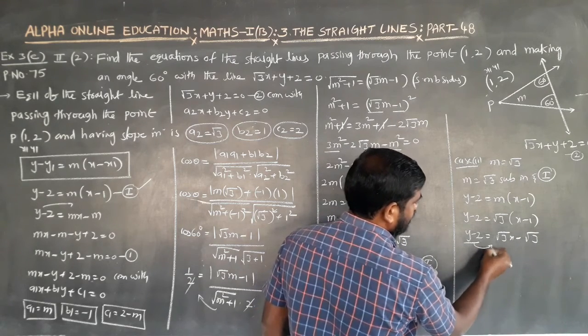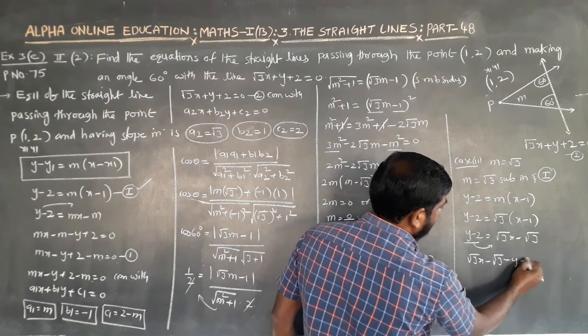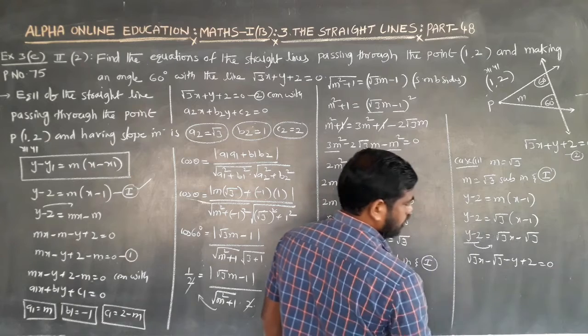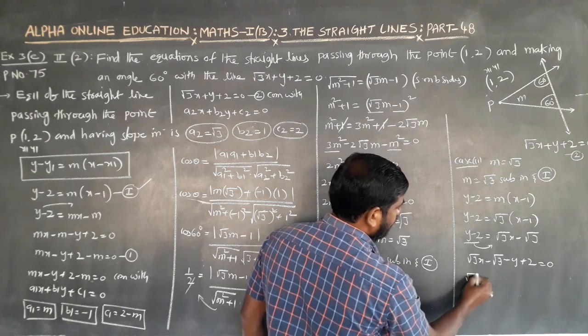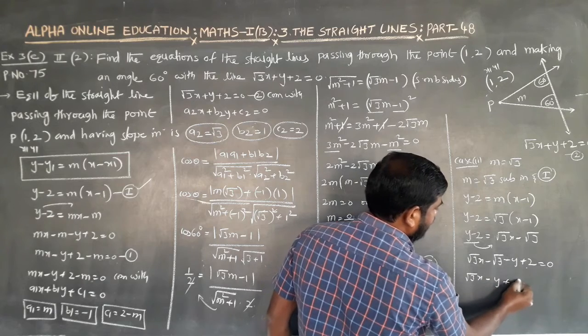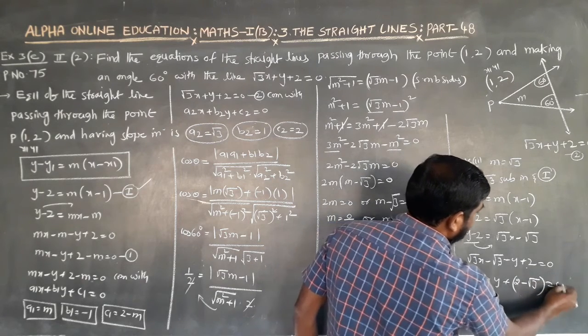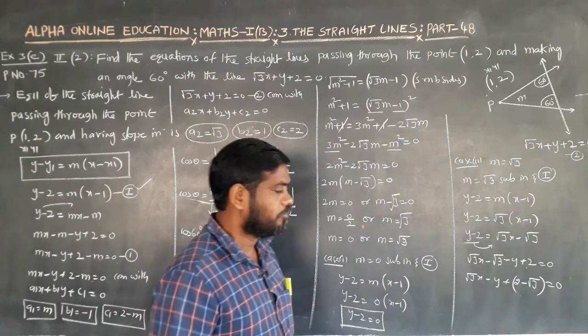Taking y minus 2 to the right side, root 3 x minus root 3 minus y plus 2 is equal to 0. Writing orderly, root 3 x minus y plus 2 minus root 3 is equal to 0.